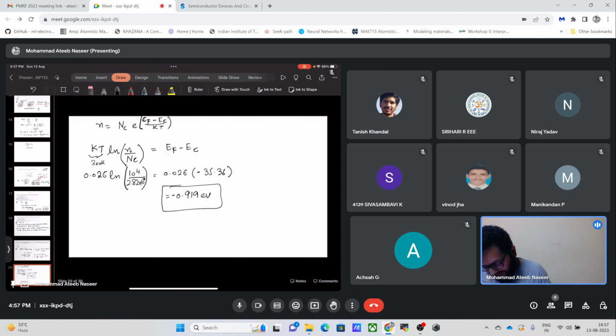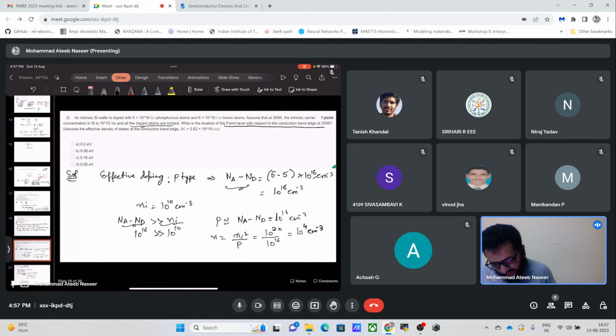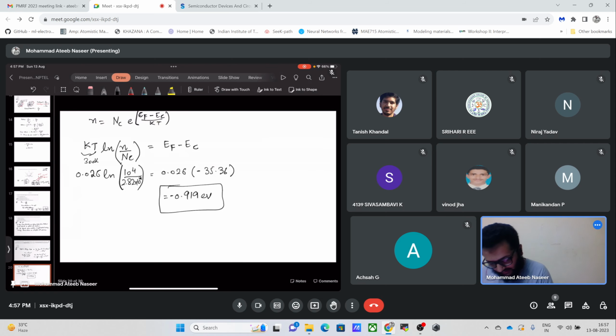Now let's check if any option is matching. What is the location of the Fermi level with respect to the conduction band? Yes, our option D is matching. 0.92 approximately. Yes, it is approximately 0.92 electron volts.